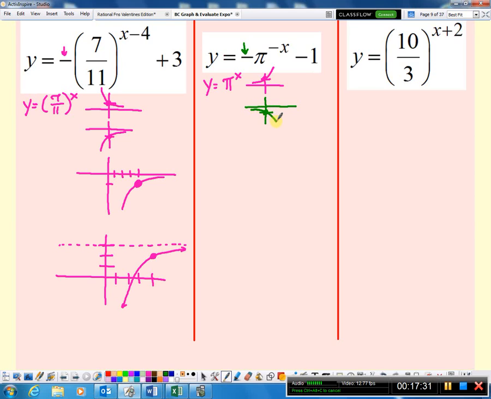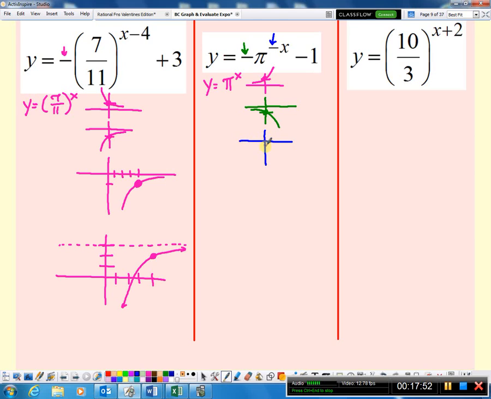The second negative right here is a negative x, which means you're flipping the graph, or spinning the graph, from left to right, or you can consider it spinning the graph about the y-axis. So that makes the graph look like this.